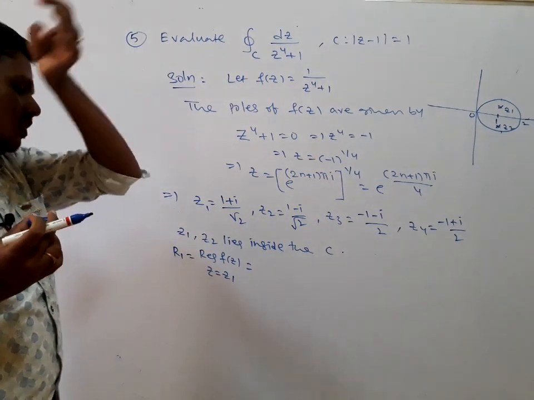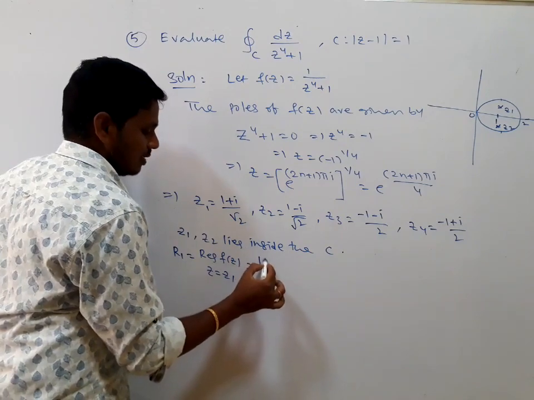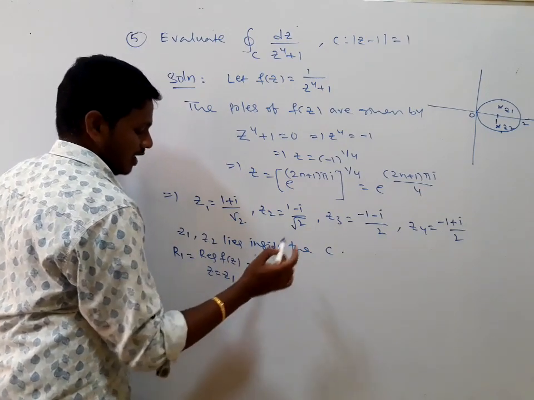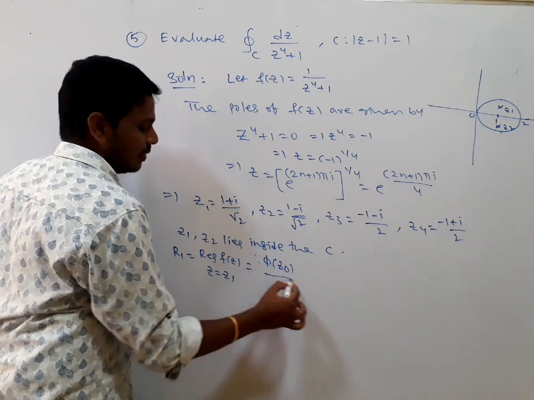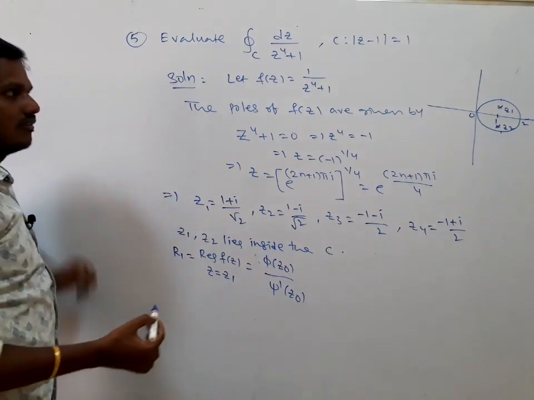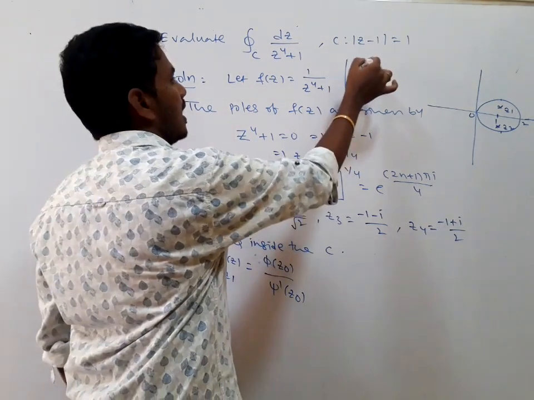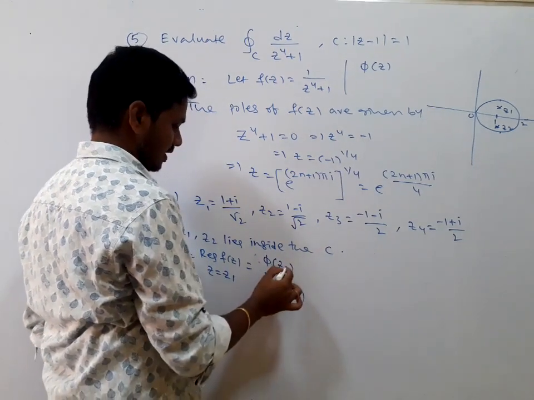So in this case I apply the formula phi of z1 divided by psi dash of z1.